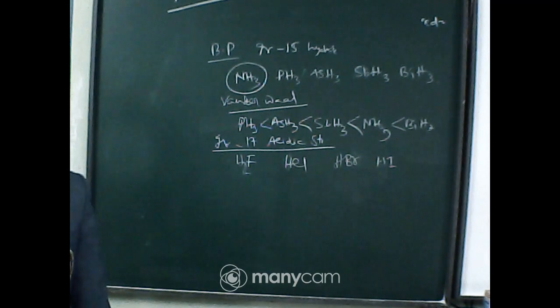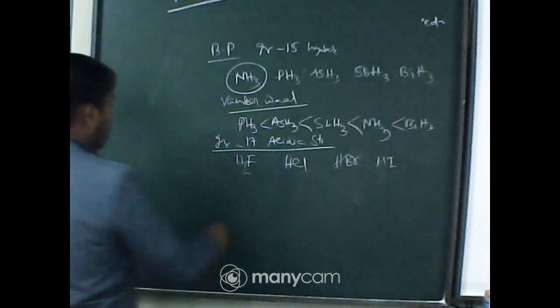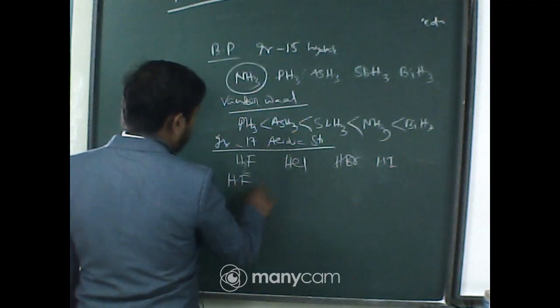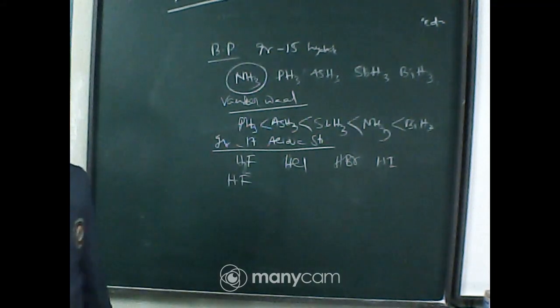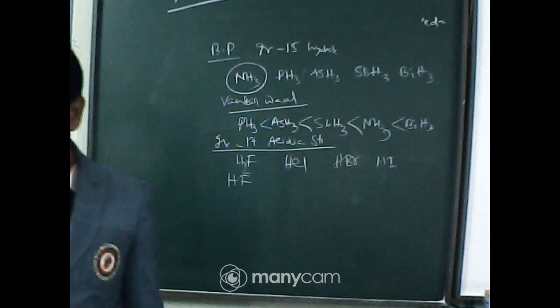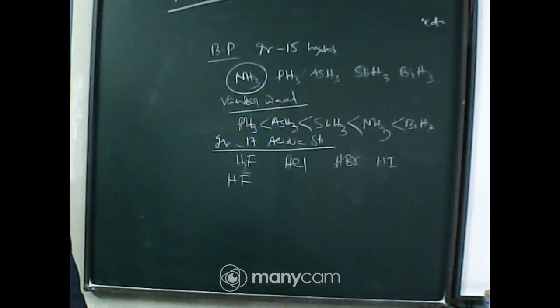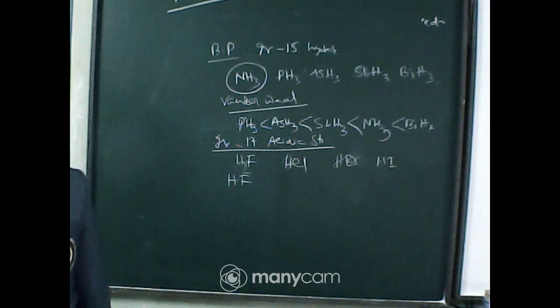In increasing order, HF is the least acidic, then HCl, then HBr, and then HI.